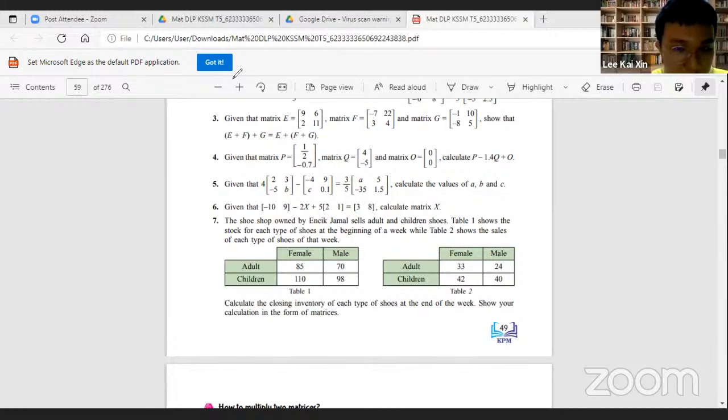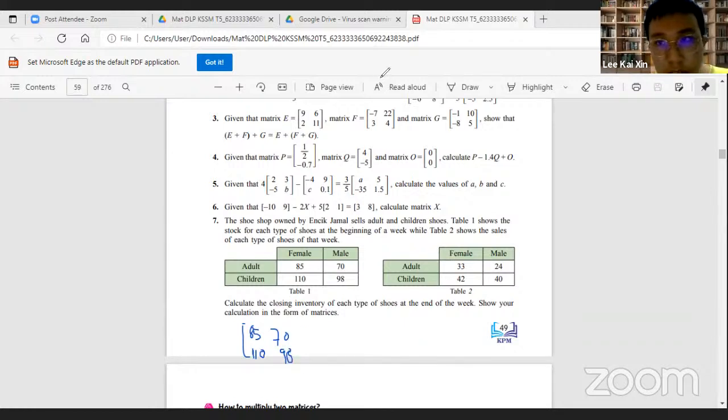Okay, so how do we calculate? We just use the beginning minus the end part. So we write out the matrix form for table 1 first. We get 85, 70, 110, 98.